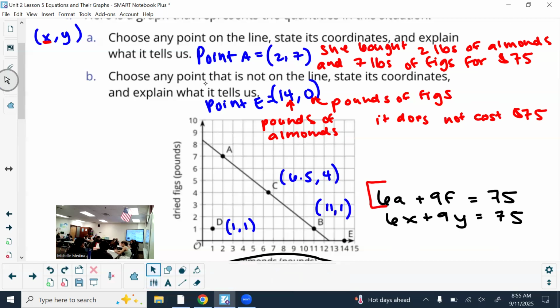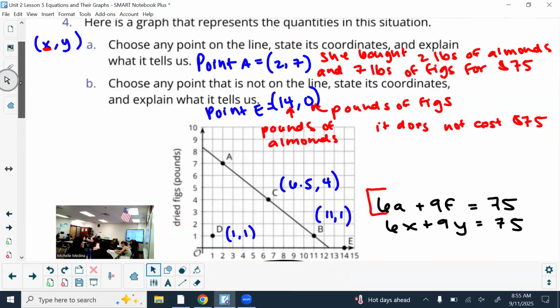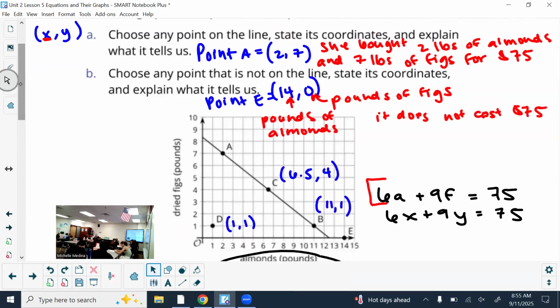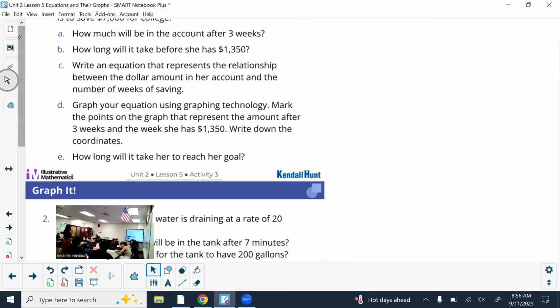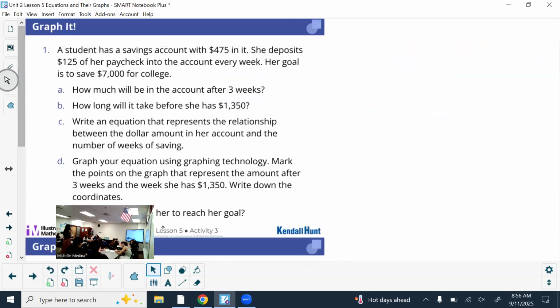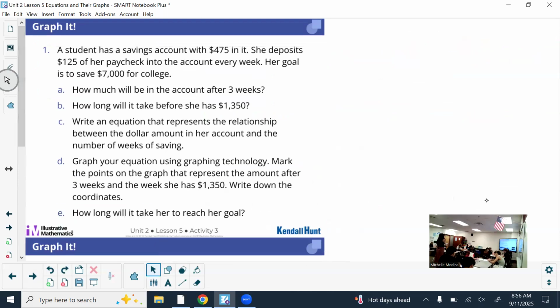Okay, so now let's look at a new situation. On the back, let's do the one about money, because that one will probably be more important to you than something losing water over time. A student has a savings account with $475 in it.